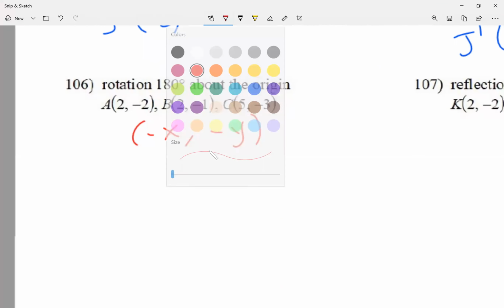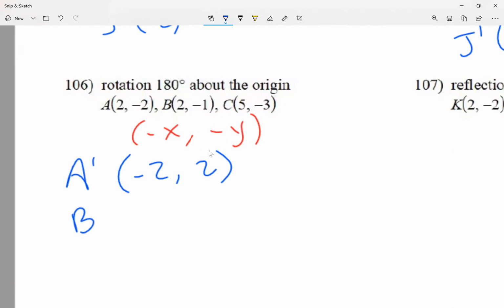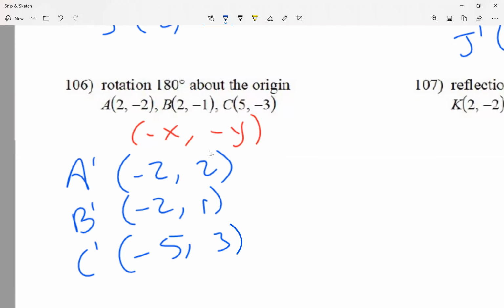If it's negative, make it positive. So the coordinates of A prime will be negative 2, positive 2. The values of B prime will be negative 2, positive 1. And the coordinates of C prime will be negative 5, positive 3.